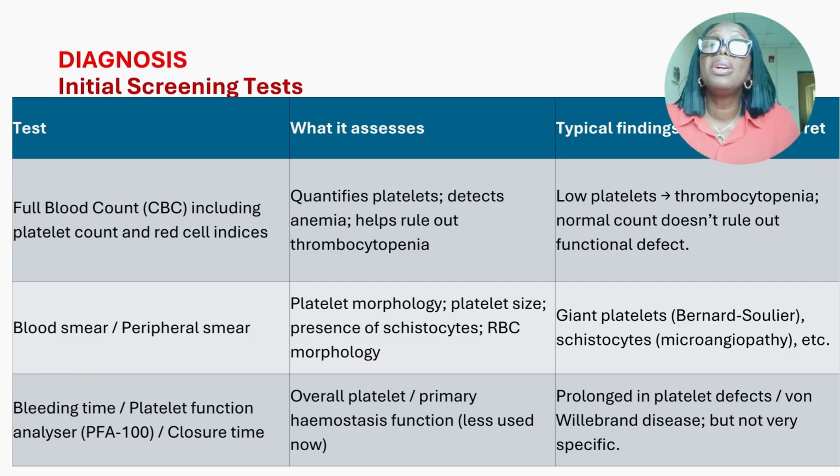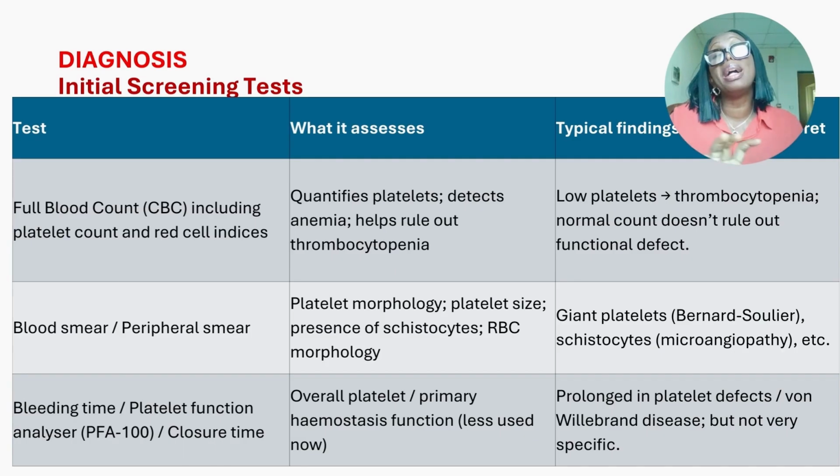I mentioned the full blood count. The full blood count includes platelet count and red cell indices. What does it assess? It quantifies platelets, detects anemia, and helps us rule out thrombocytopenia. When you have low platelets, you have thrombocytopenia.